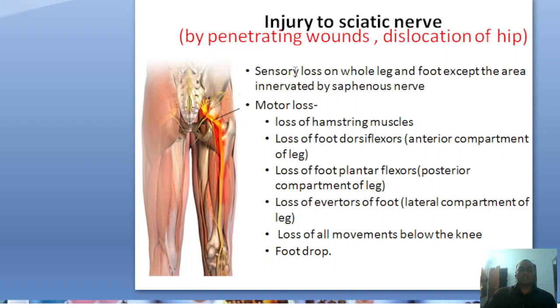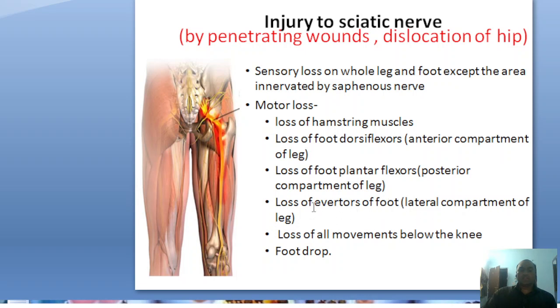There is sensory loss, and motor loss of the hamstring muscles because they are supplied by the sciatic nerve. There is loss of foot dorsiflexion, anterior compartment, and loss of foot plantar flexion, posterior compartment; all are lost. Loss of evertors of the foot, lateral compartment of the leg.